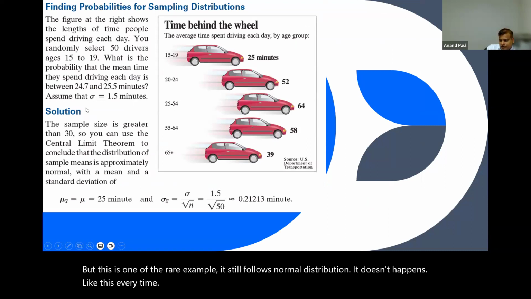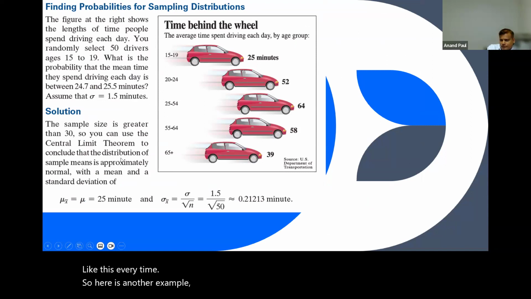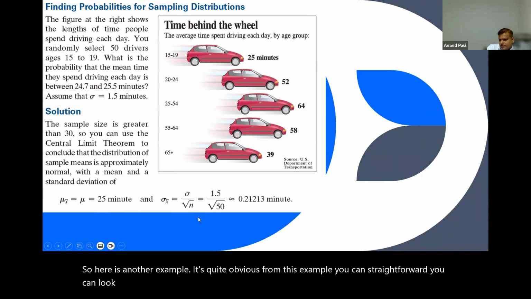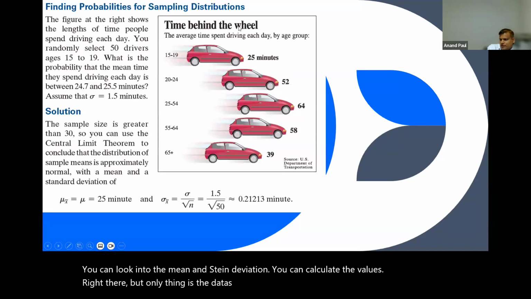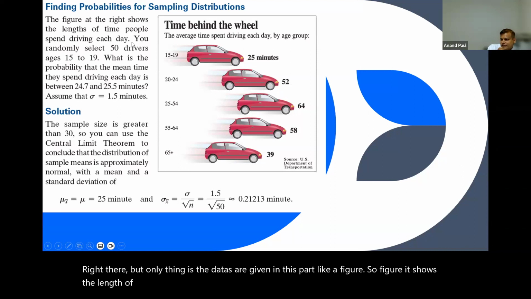So here is another example. It's quite obvious. From this example, you can straightforwardly look into the mean and standard deviation and calculate the values right there. The only thing is the data are given in a figure. The figure shows the length of time people spend driving each day.